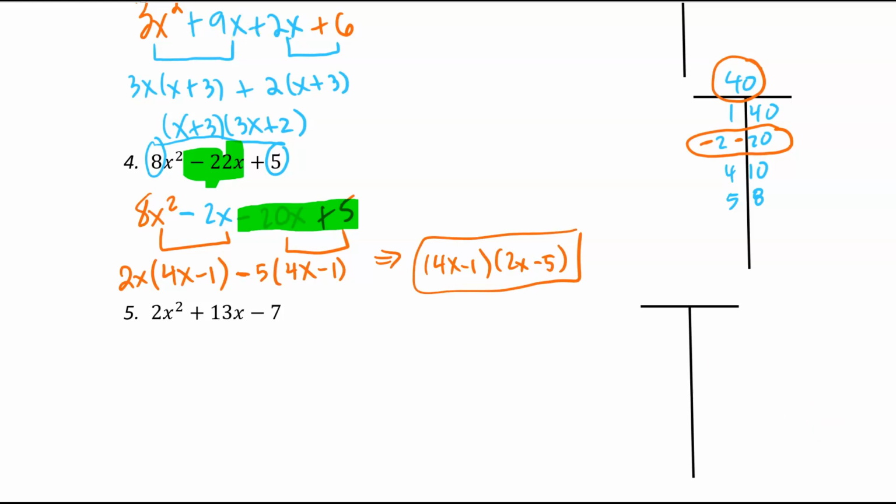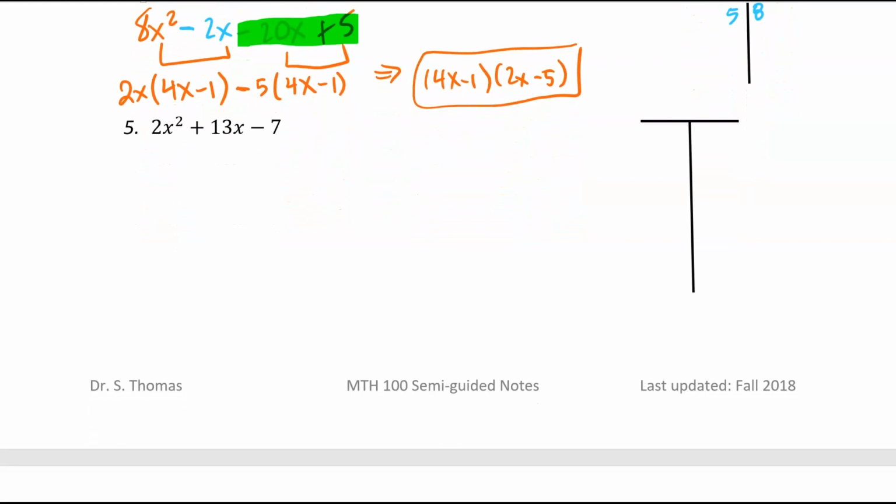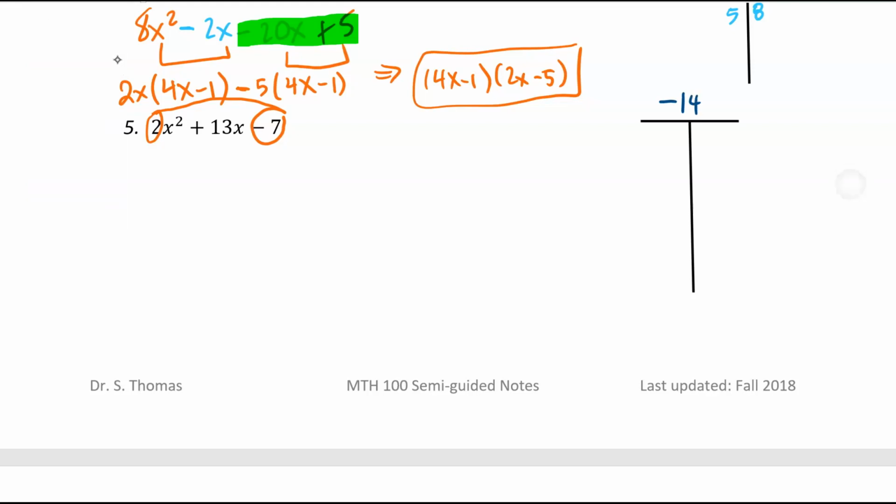Moving on to number 5, we have a is 2 times negative 7. And let me say this too, because I'm not reiterating it now, but it's important that you know that you always look for the GCF first. These do not have GCFs. So 2 times negative 7 is negative 14.